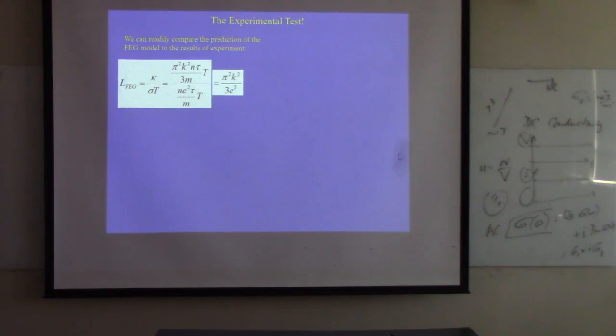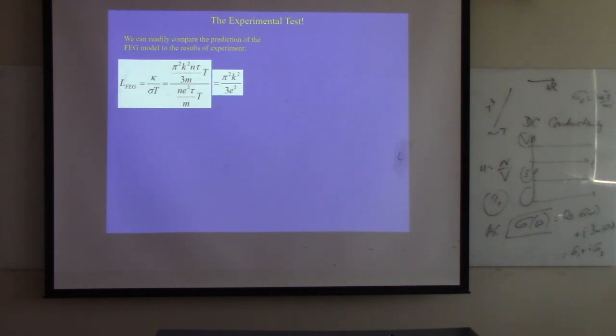Can you see it? A really interesting relationship here: this thermal conductivity to electrical conductivity ratio at a given temperature doesn't depend on anything, not the mass, not the n, not anything, right? It only depends on very fundamental constants. People have seen this in the past. At a given temperature, if you measure any metal and take the ratio, it's always a constant. So this means what?